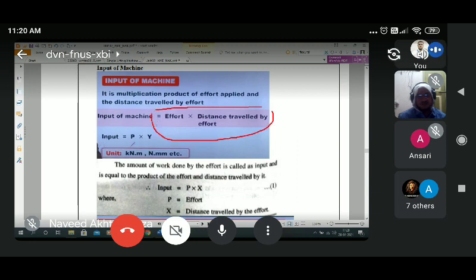Its unit is kilonewton meter, because effort is in newton or kilonewton, and distance traveled may be in mm or in meter. That's why the unit of input of the machine is newton mm or kilonewton meter.